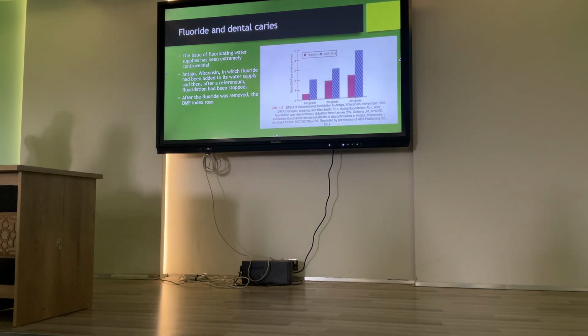And there are also a huge number of people who are anti-chemical interventions. They have some concerns that adding fluoride may not be useful. It also may have some harmful effects.